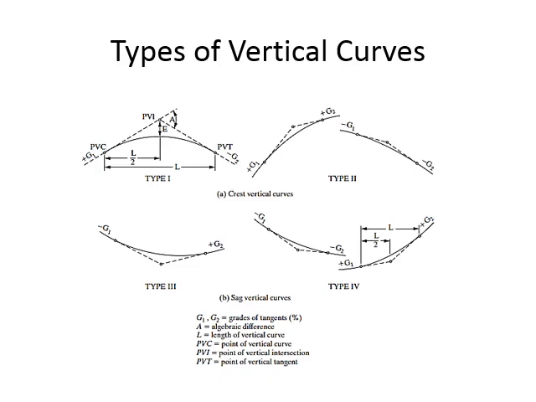So -4 is lower than -2. Following this rule, if you have a higher G1 and lower G2, then it's a crest curve, and vice versa. So if G1 is more than G2 it is a crest curve, if G2 is more than G1 it's a sag curve.